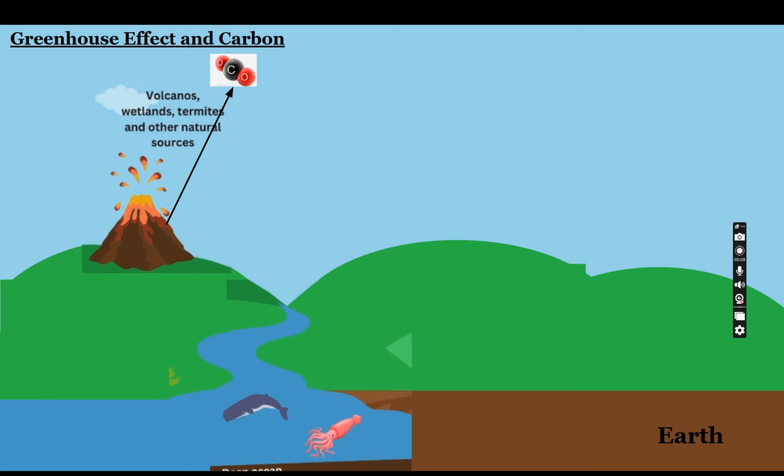And so I'm going to draw an arrow here that will go up into the atmosphere, and it'll be CO2. I actually drew the molecule where it's one atom of carbon and two atoms of oxygen that make CO2.